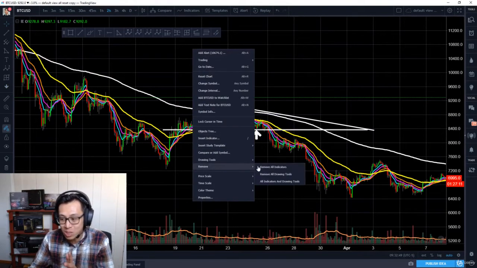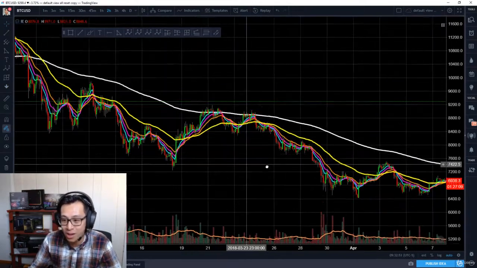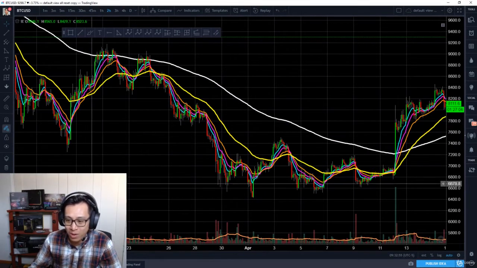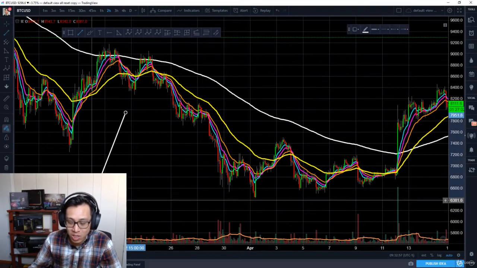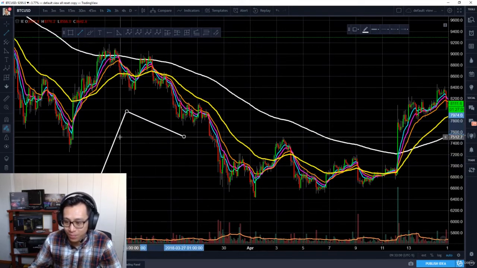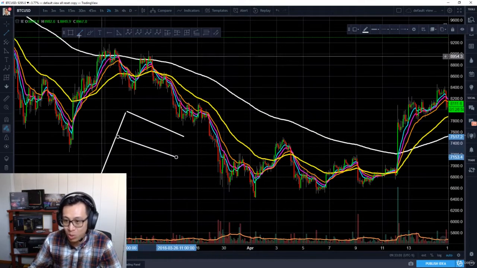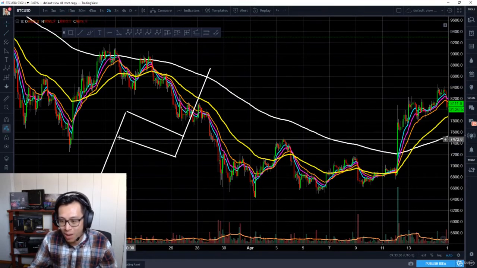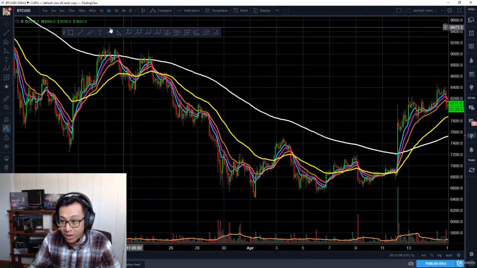And let me show you guys something called an inverted flag. Remember how we were talking about how flag patterns are basically like this and they're continuation patterns? Well, the opposite also holds true, where if this were to go up like that, then the opposite actually holds true as well on a downtrend.